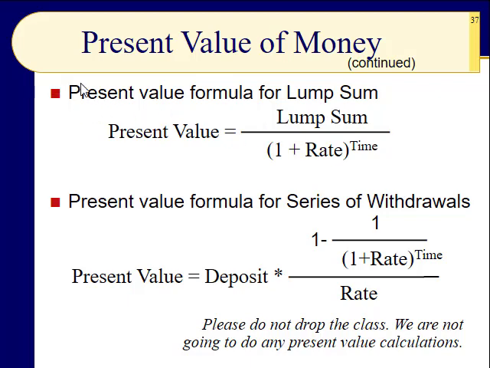It starts over here and then goes way down. And again, don't drop the class. Don't worry about it. We're not going to do any present value calculations. We just want to show you the formula to show you that it's the inverse and that we would use this when you get involved in investments in Business 123, or just take the class online for free.